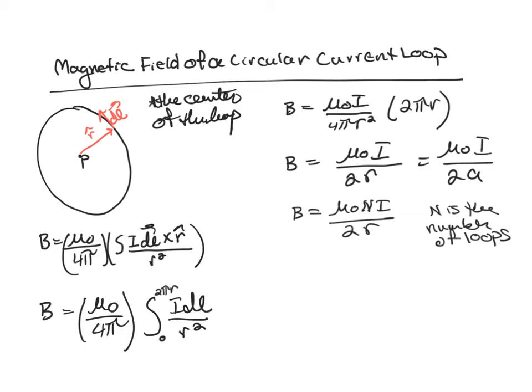Now in this particular case, remember if we're doing a right-hand rule, we are putting our thumb in the direction of the current. So in this case, we're putting it along the path of the loop, and our fingers are going to curl in the direction of the magnetic field.